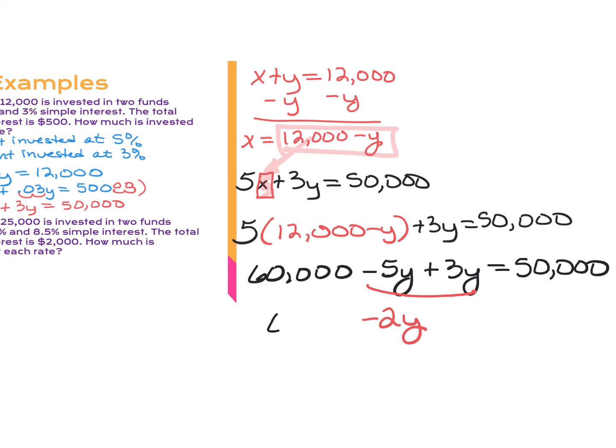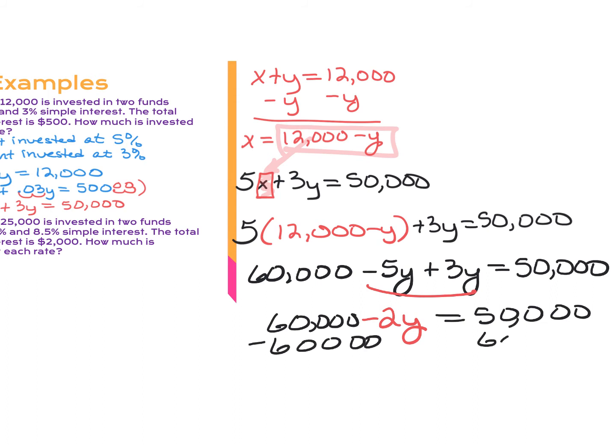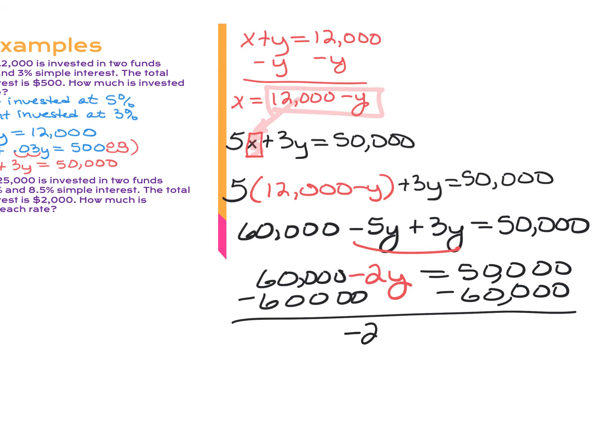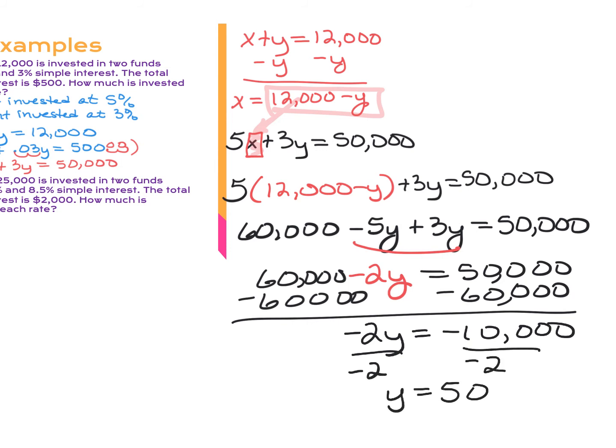Let me rewrite everything else. And now I'll move the 60,000 over to isolate the y. And I get negative 2y is equal to negative 10,000. Divide by negative 2. And y equals 5,000.